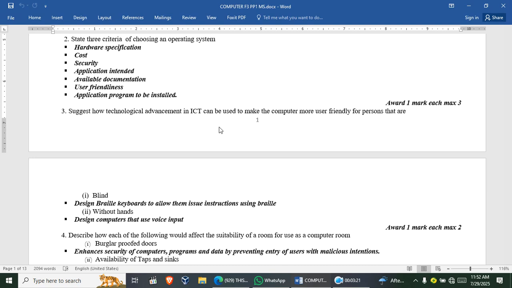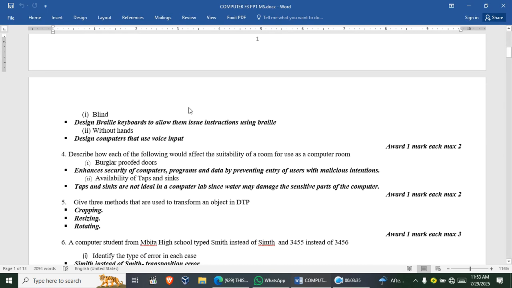Then we have people without hands. This one, you can get an operating system or a program that accepts voice input or speech.